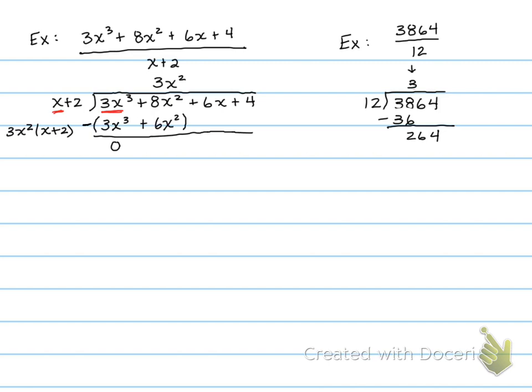Whatever you're putting up top is going to get rid of the first term when you subtract. If it doesn't, then you picked the wrong thing up top. And then 8x squared minus 6x squared. Those parentheses say that the negative applies to everything. So I'm doing 8x squared minus 6x squared, which gives me 2x squared. You can put a plus right here if you want. And then 6x minus 0 is 6x, and 4 minus 0 is 4.